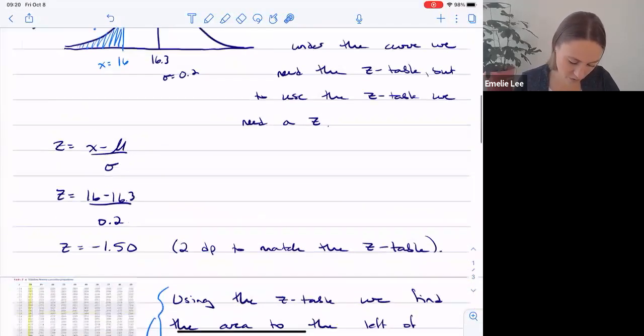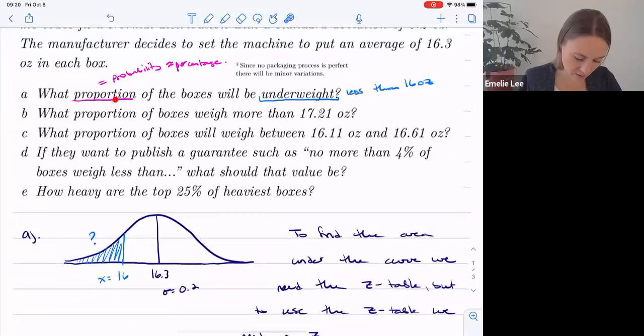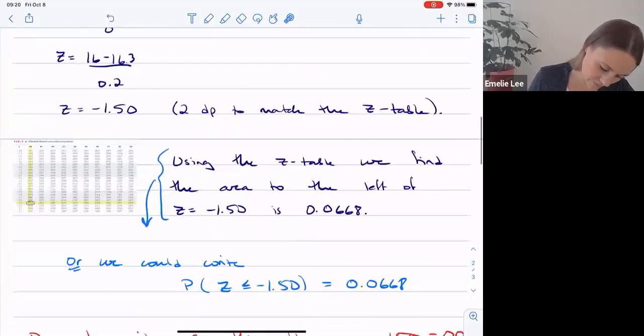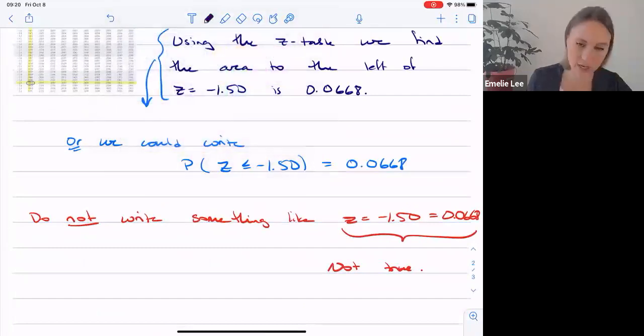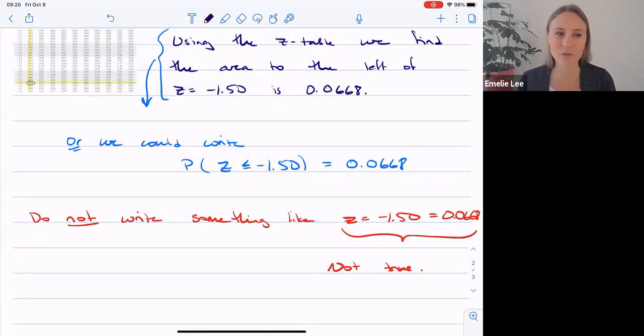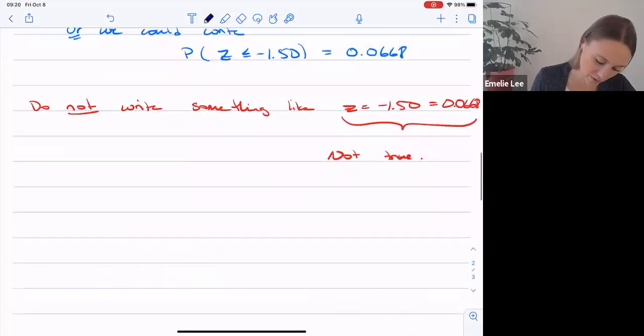Okay, so what proportion of the boxes will be underweight? 0.0668, or 6.68%, if you want to talk about that, of the boxes will be underweight. Usually I'm not expecting a final blurb, and I know that's kind of bad, but usually once you have the number, that's fine, you can move on. But for this one, I'll do a little blurb.